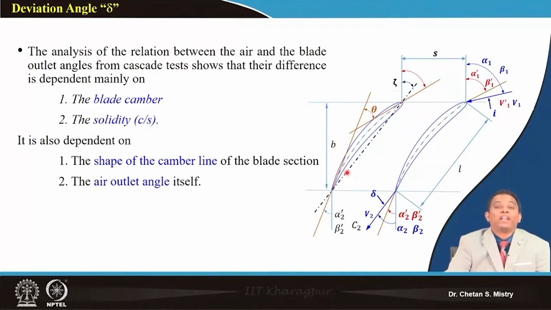That leads to a thicker wake coming out, which means my flow will come out at a larger deviation angle. Now, how my blades are set, this is my pitch. When we arrange our blades nearby or away, that also has an effect. In the same way, what kind of camber line we select also has an effect.